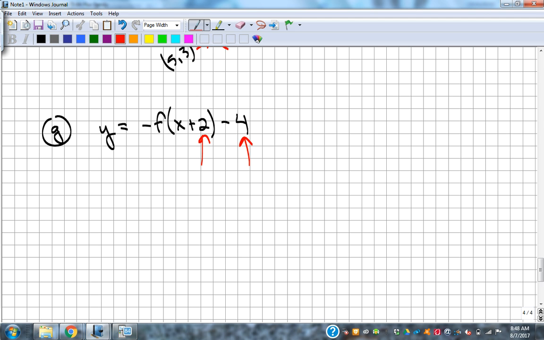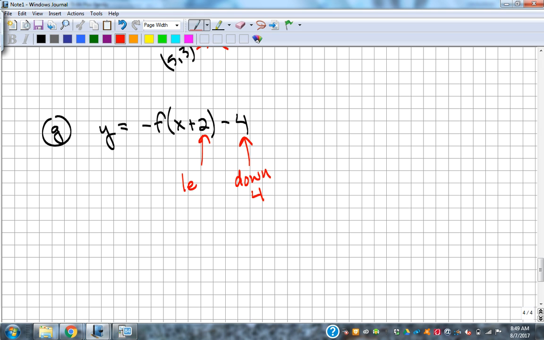What's the -4 do? Moves it down 4, right? What does the +2 on the inside do? Okay, which means it's moving which direction?